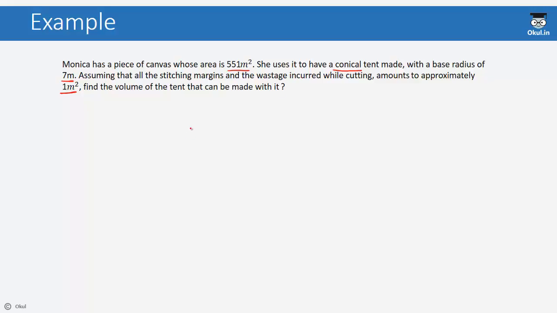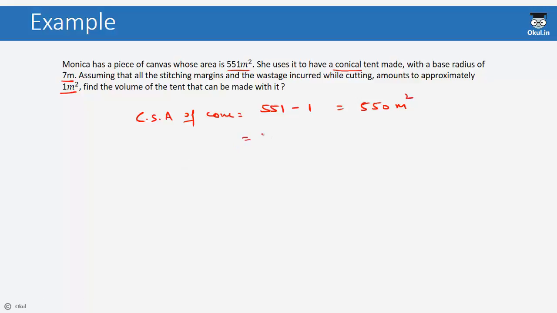So we can write that the curved surface area of the cone will be equal to 551 minus 1. Since the 1 meter square is for the wastage, the curved surface area of the cone will be equal to 550 meters square.